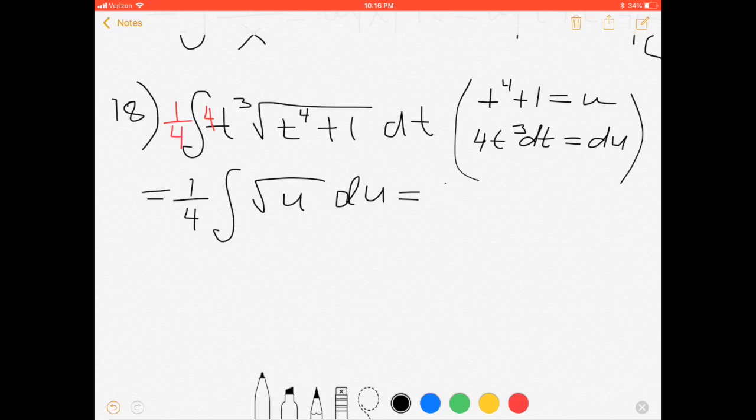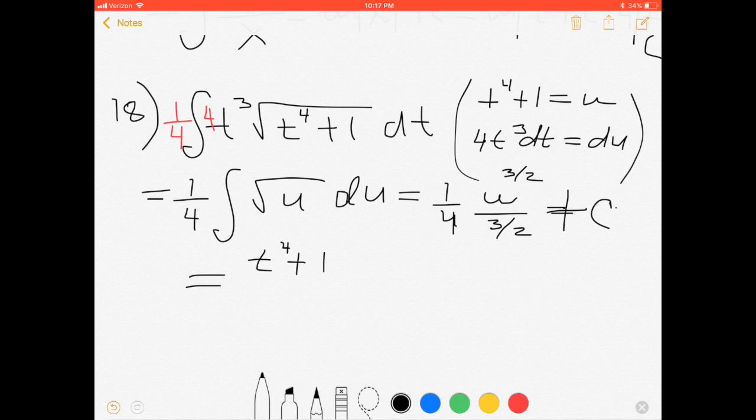And I have 1/4 times u to the power 3/2 over 3/2, plus c. u is t to the 4th degree plus 1, to the 3/2, times 2, divided by 6, plus c.